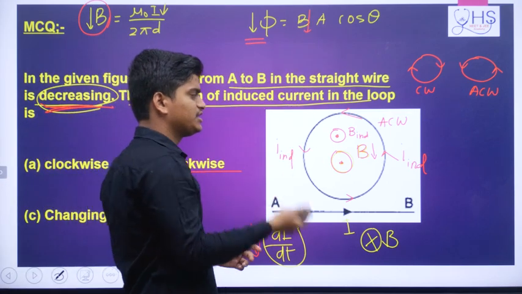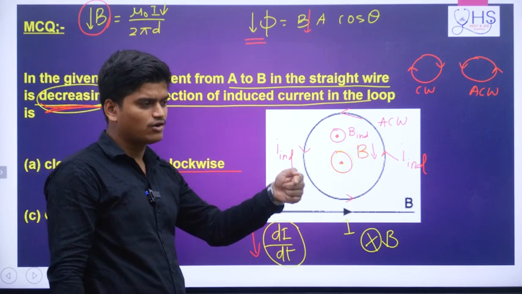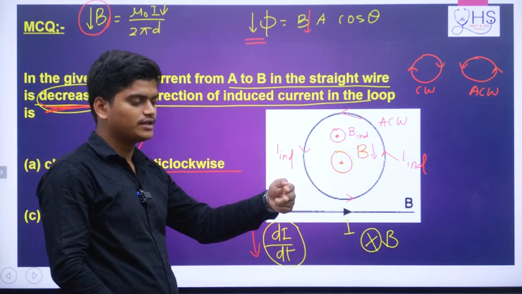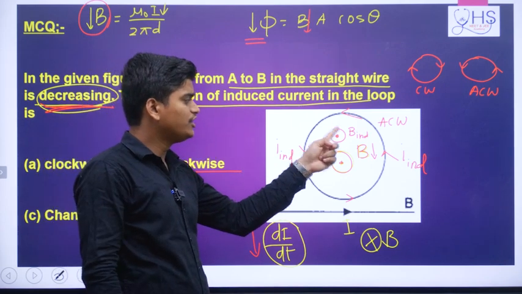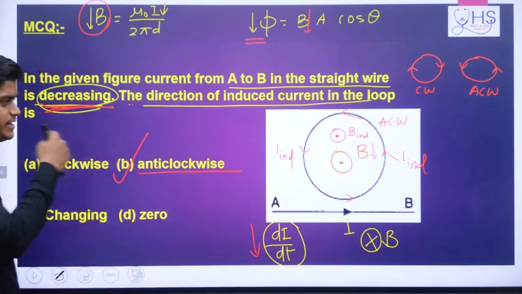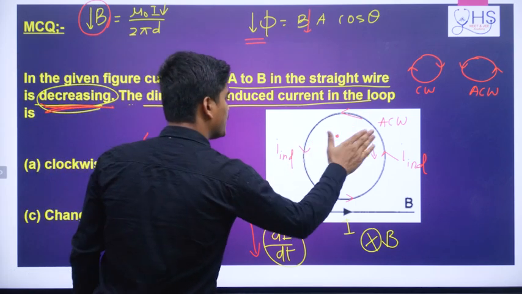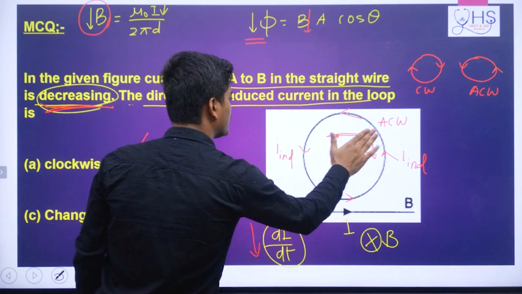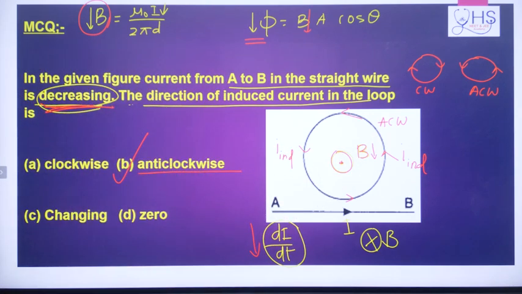So it will try to increase the field. How to increase the field? Now here if a dot field is there, another dot field is there, then what will happen? The magnitude will definitely increase. So that's why the induced magnetic field happened how? In that region, that is in a dot. You understand this, then after you give the direction of induced current. So you understood that direction of induced current is anti-clockwise.